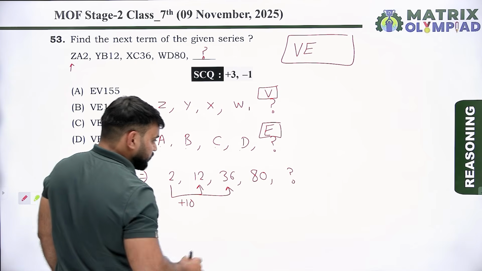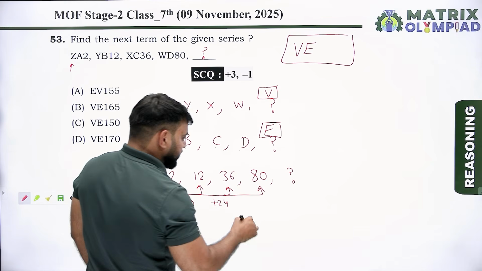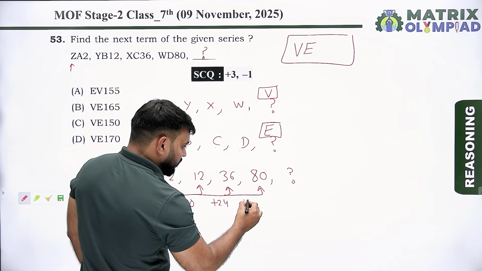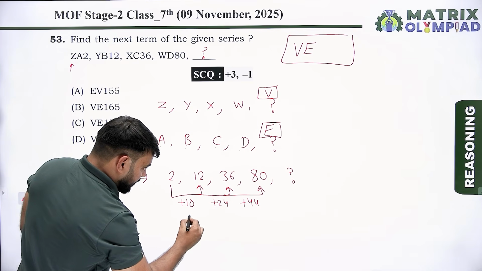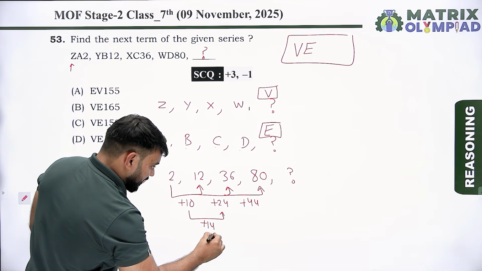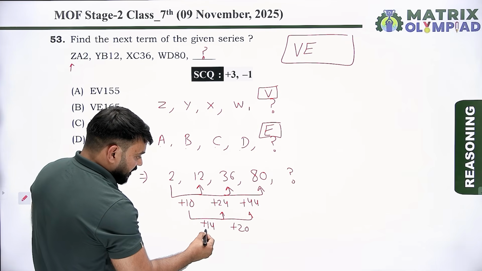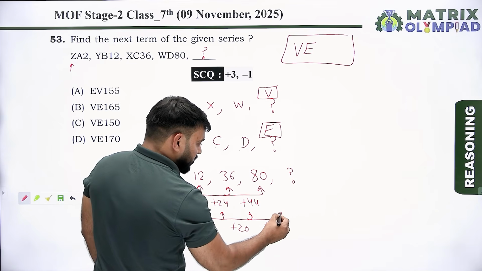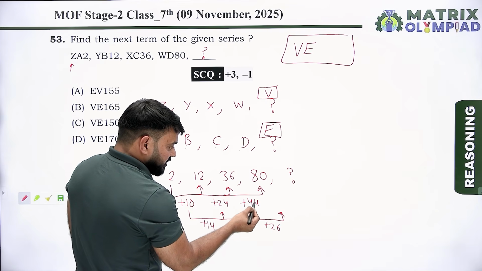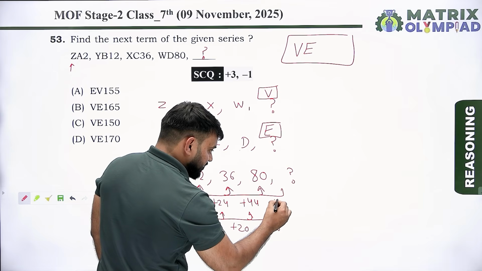Now 12 to 36, it means plus 24. 36 to 80, it means plus 44. So 10 to 24, it means plus 14. 24 to 44, it means plus 20. So plus 14, plus 20, now plus 26. So adding 26 in 44, then we get 70.